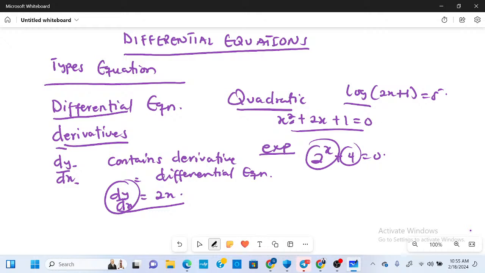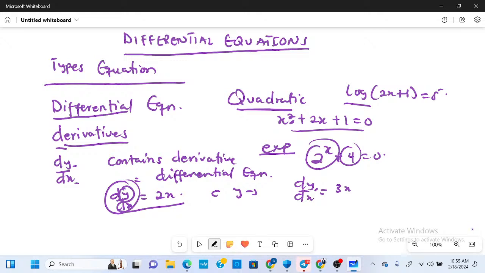The goal of every differential equation is to make our dependent variable the subject. So in this case, we are going to make y the subject. So if I have dy over dx is equal to anything, let's say 3x, my goal of solving this differential equation is to make my y the subject. So the case is, how do I make y the subject? So that is the whole goal of differential equation.